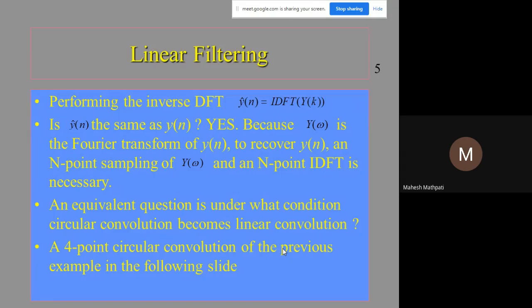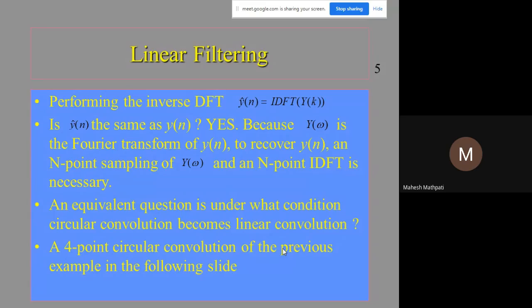Performing the inverse DFT, we can write y of n equals IDFT of Y of k.